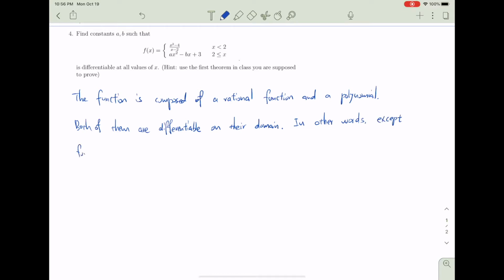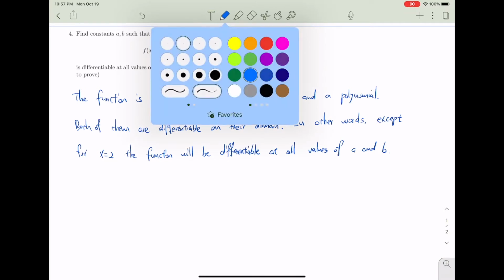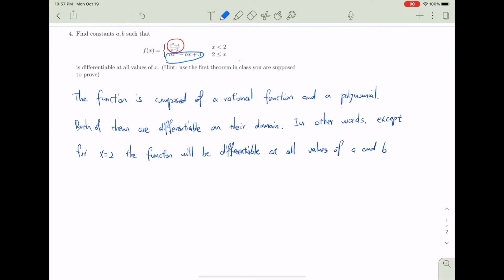In other words, except for x equal to 2, the function will be differentiable for all values of a and b. The rational function is already differentiable, and the polynomial function is also differentiable.